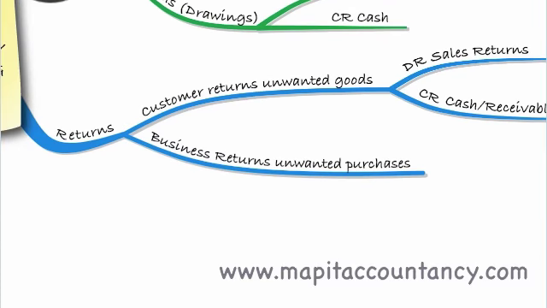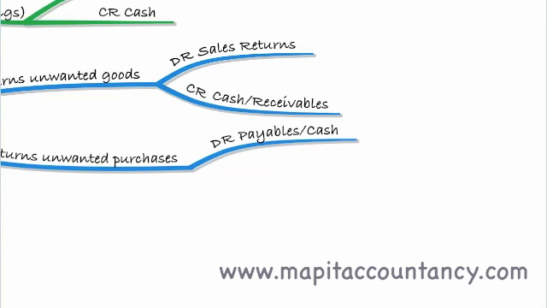Or we could have a situation where the business returns unwanted purchases. So rather than the customer returning goods to us, we have bought the goods, we want to return them to the person we bought them from. To deal with that, what we do is we debit the payables or cash. So if we paid cash for the goods, we'll debit cash because we'll be getting that cash back.